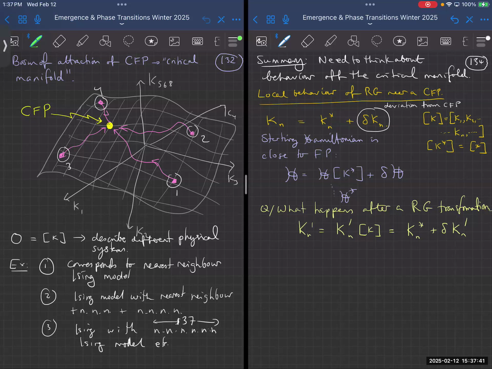And after I've done a renormalization group transformation, I now have a transformed deviation. It might have got bigger, it might have got smaller. We don't know. We're going to find out. So then what I'm going to do is this thing over here is in general some complicated function.